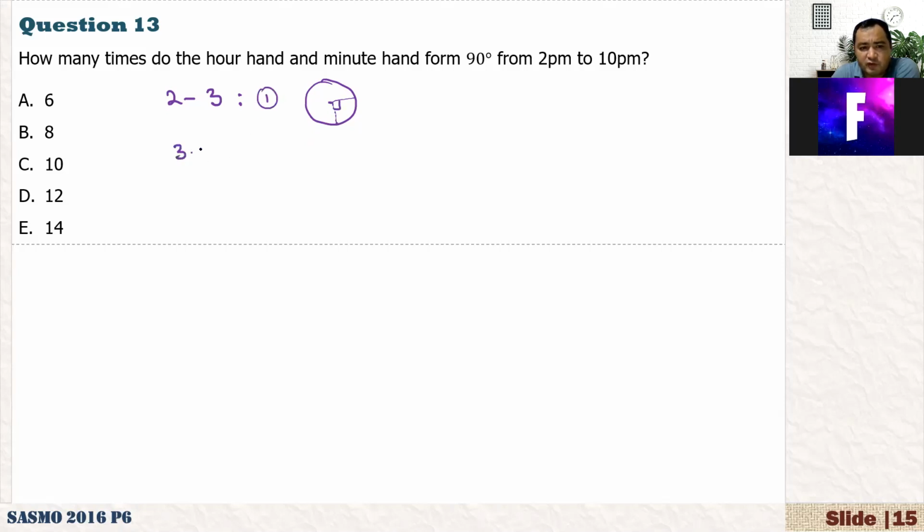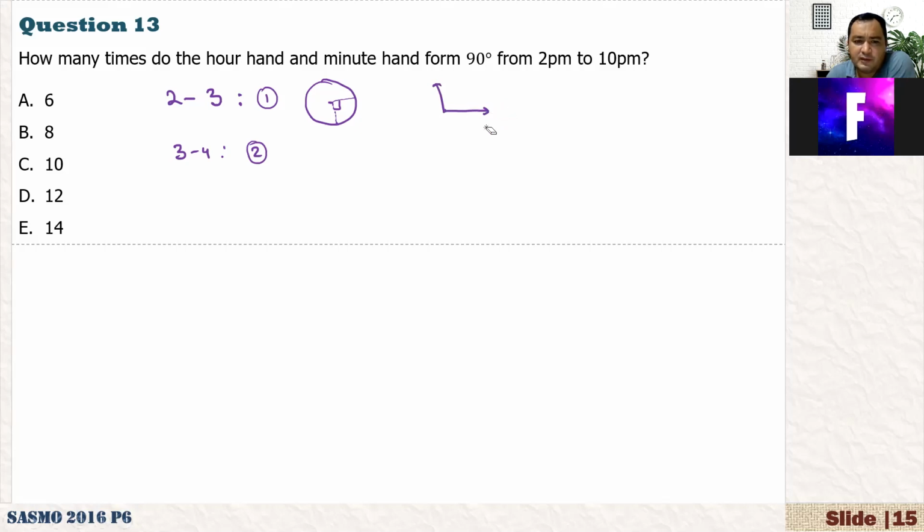And how about from 3 to 4? Actually, between 3 and 4, when it is 3 o'clock, what is the angle between the hour hand and minute hand? It is 90 degrees.